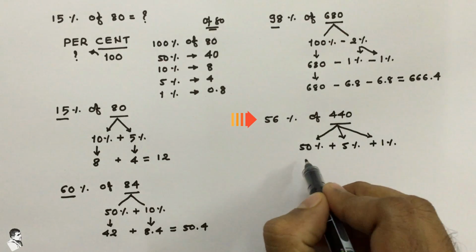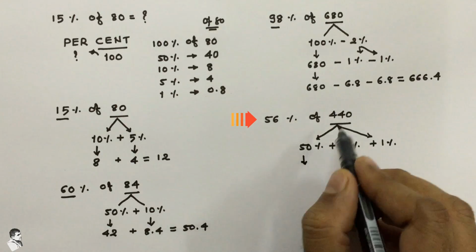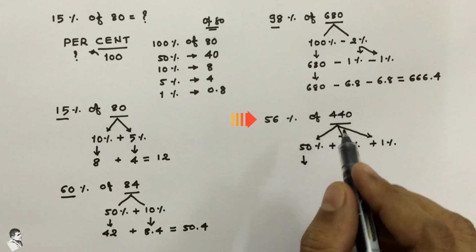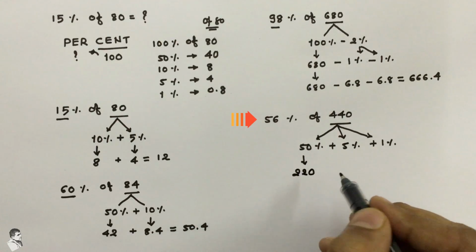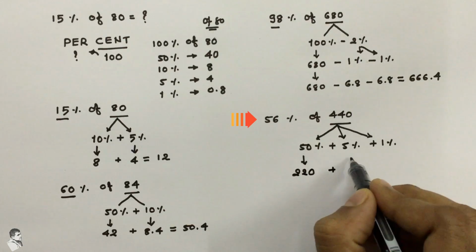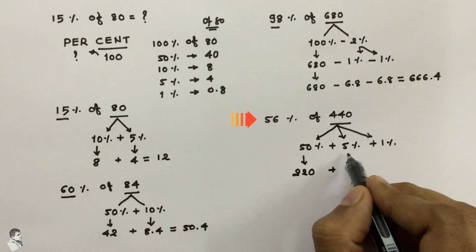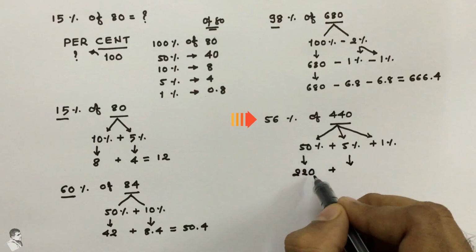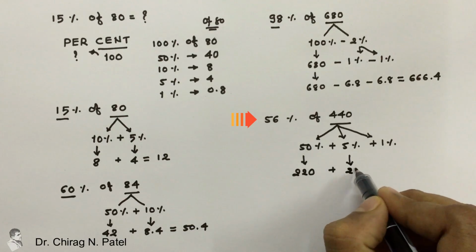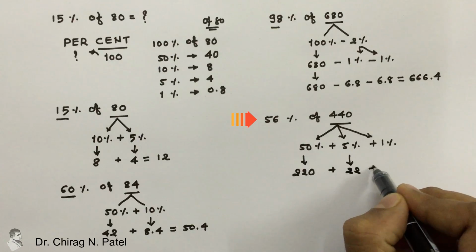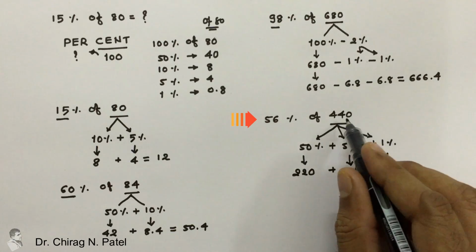Now if we find out 50% of 440, that is half of that, that is 220, plus 5%. Now 50%, you know, that is 220, so definitely 5% is 22, and what is the 1% of this?